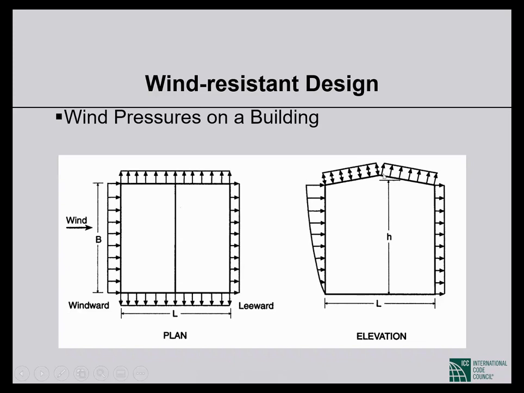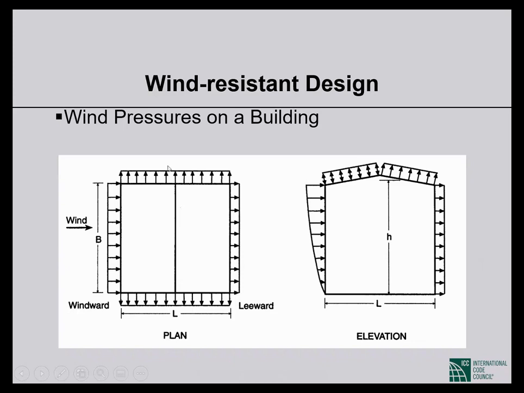On the windward as well as the leeward roof, it is also suction, typically constant suction evaluated at the mean roof height level. On the windward roof, we may have pressure, we may have suction, but we take constant pressure or constant suction depending, evaluated at the mean roof height level.